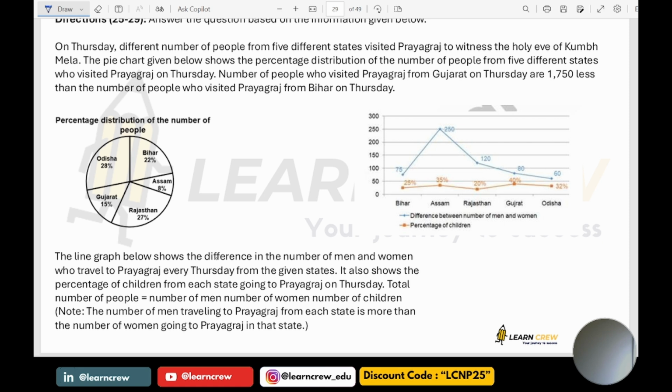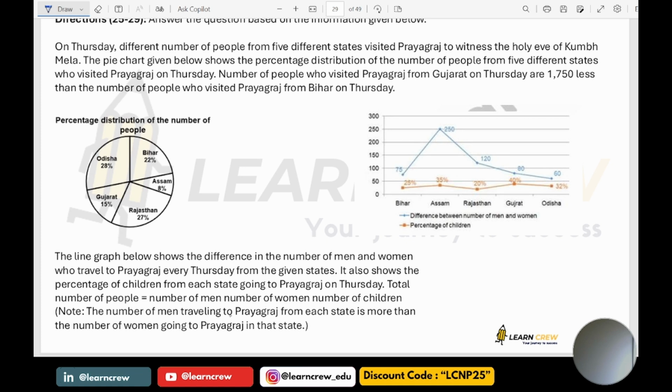The line graph shows the difference in the number of men and women who travel to Prayagraj every Thursday from the given states. It also shows the percentage of children from each state going to Prayagraj on Thursday. Total number of people is equal to number of men plus number of women plus number of children.